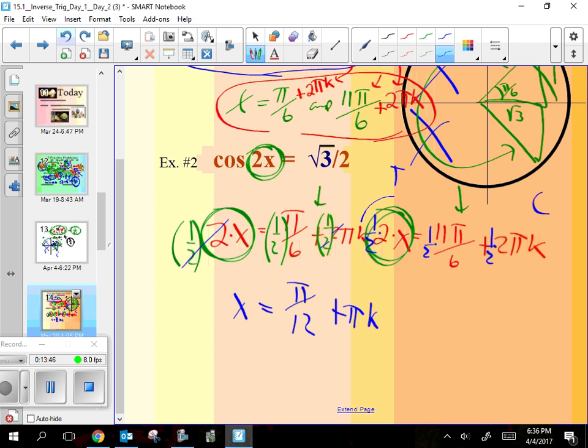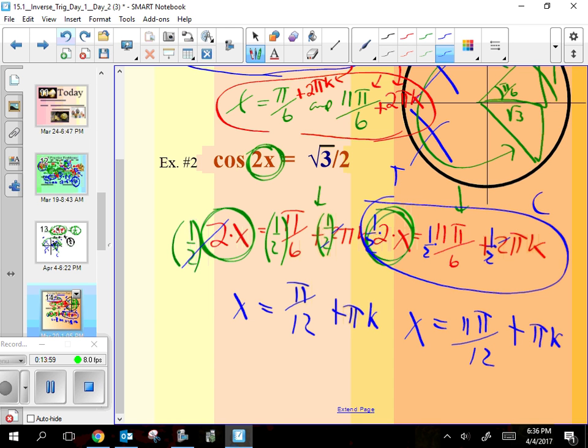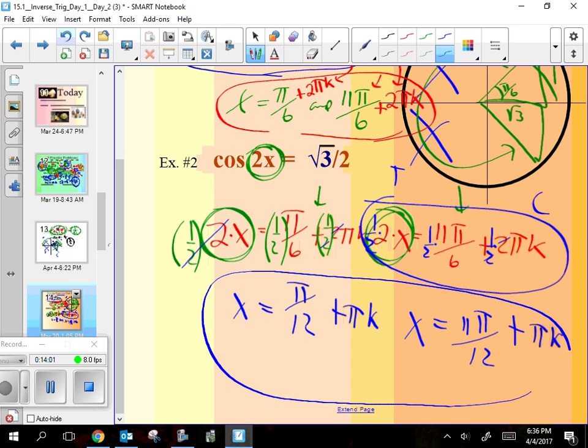And then this other one simplifies down to x equals 11 pi over 12, plus these 2's cancel, pi k. All right. That's what you do if you have a 2x: you solve it just like you did when you had the x, but then you replace your x with a 2x, and then you multiply everything by 1/2.